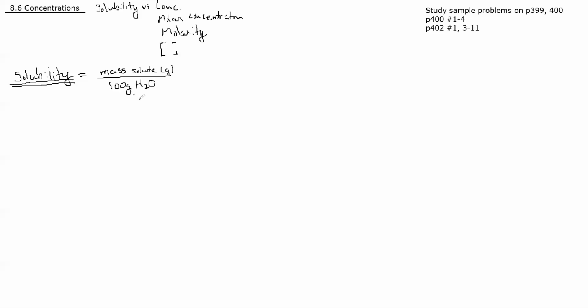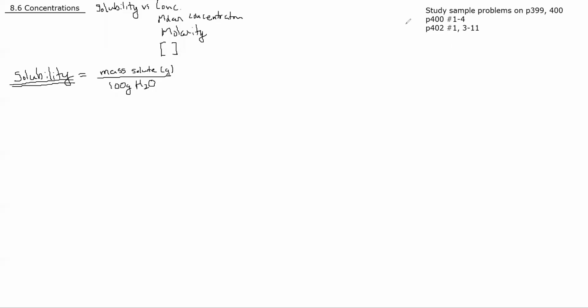Of course, if you use density, you can also say this is 100 milliliters. Anyways, that's not important. I'm going to erase that. So that's what it is. The concentration is going to be slightly different. Before we jump to this new topic, let's really tuck solubility underneath our belt.